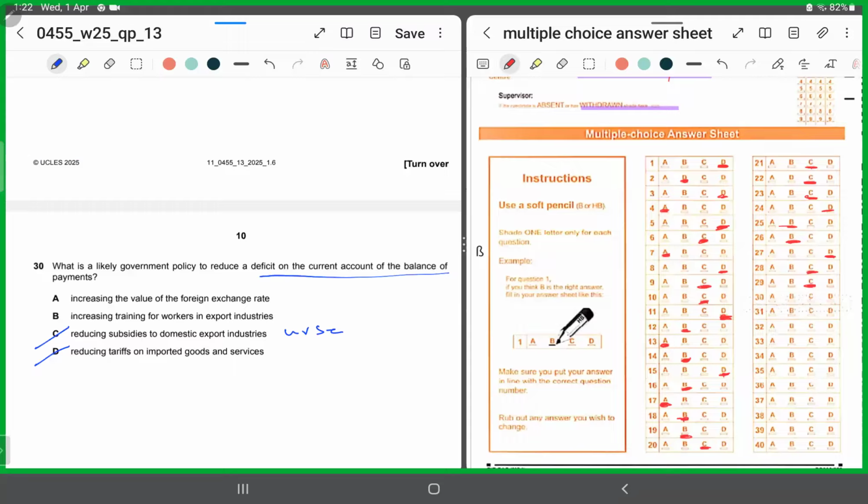What about option A, increasing the value? Exports would be expensive, imports would be cheap. Again, it would worsen the scenario. So A, C, and D would worsen the scenario. It's only option B, providing training to its domestic workers, that would boost the production level and enhance export level. So for 30, it has to be B.